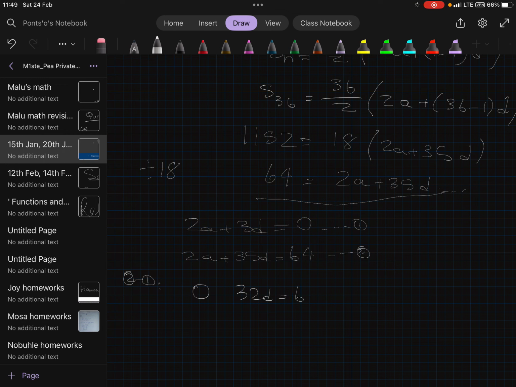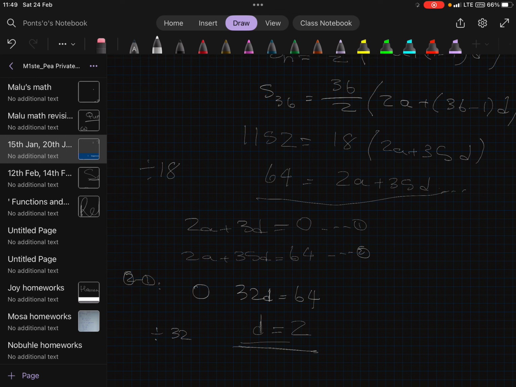And 64 minus 0 will just give you 64. Then we divide both sides by 32. How many times does 32 go into 64? Twice, right? So d will equal 2.